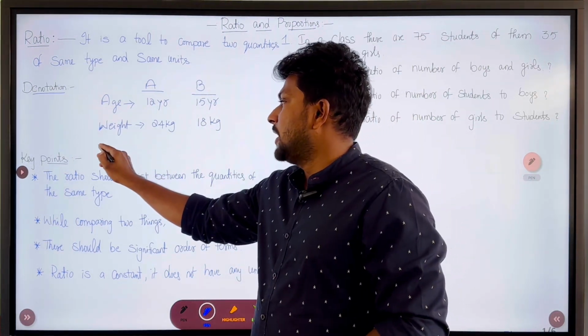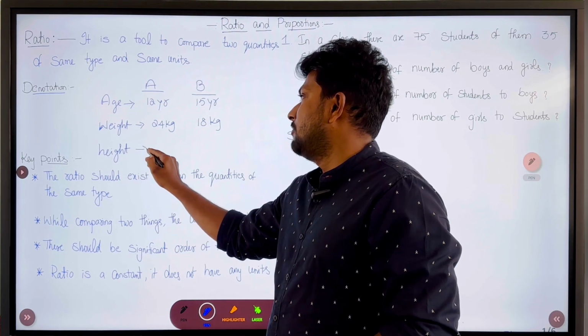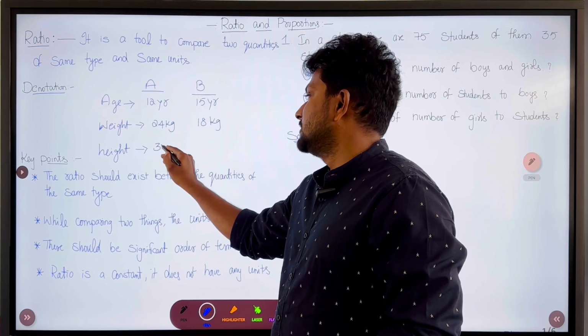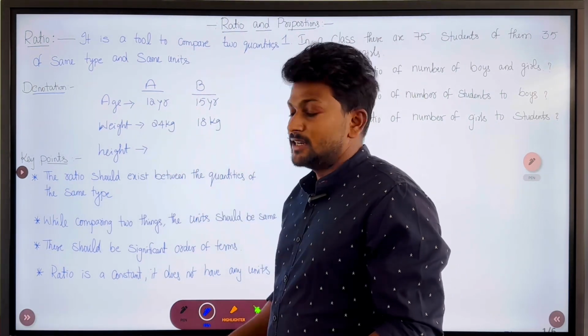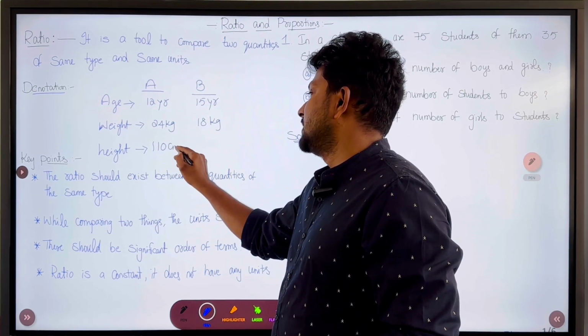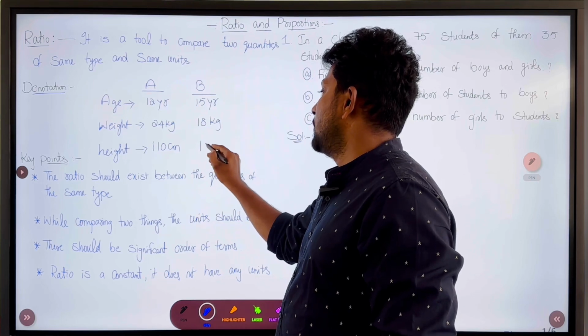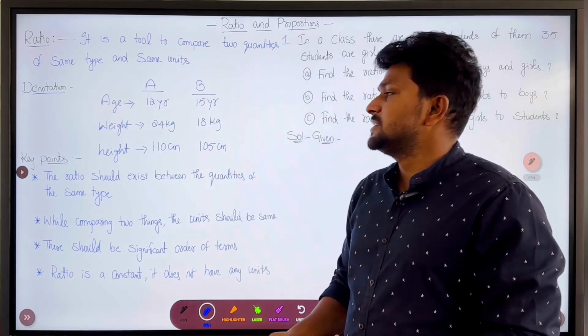Now coming to height, height will be in terms of centimeters. We will consider in terms of centimeters. For example, A is 110 centimeters in height, B is 105 centimeters in height. Okay. So these are the comparisons.